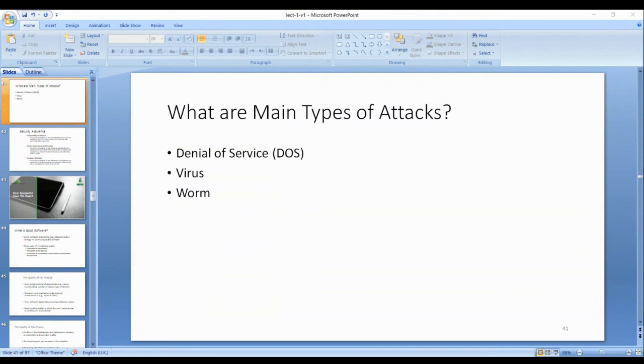Virus always attaches itself to another software. Virus hides itself in another software.